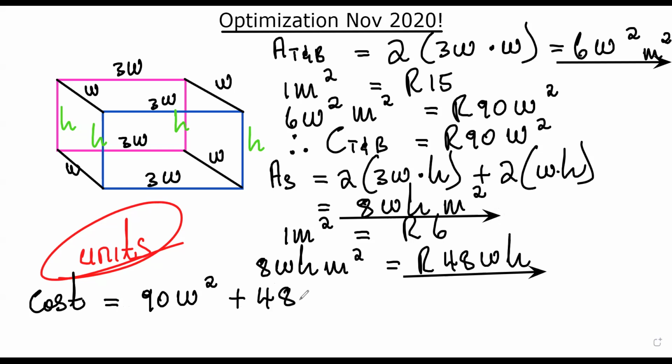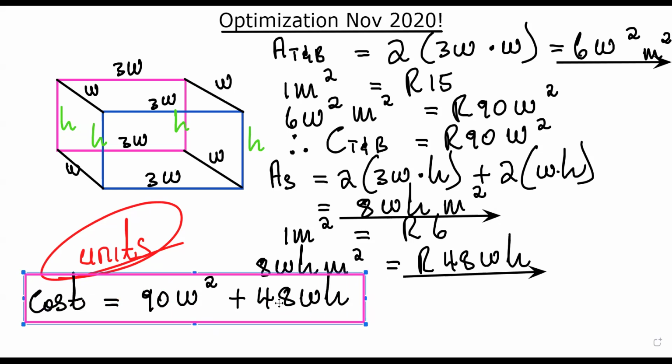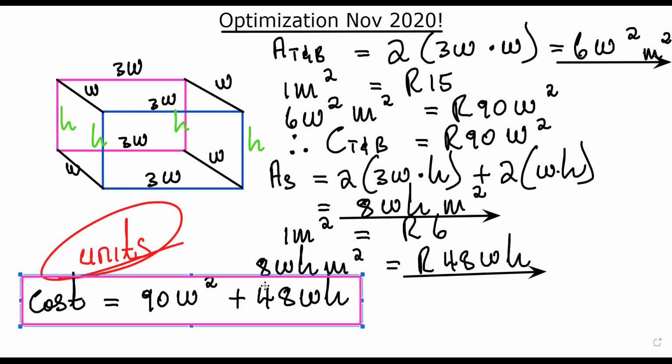And then we add this to the cost of the sides. And after we have successfully done this, it means we have acquired our first 4 marks.